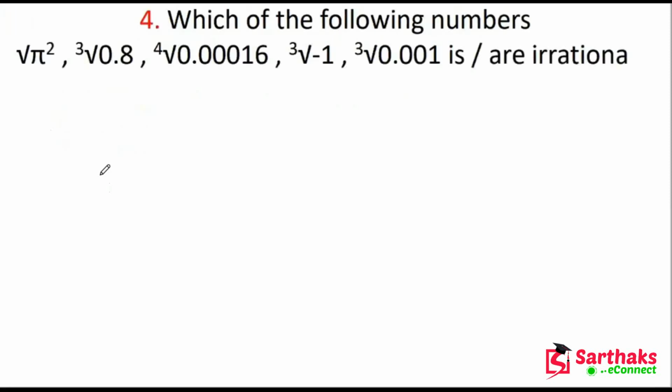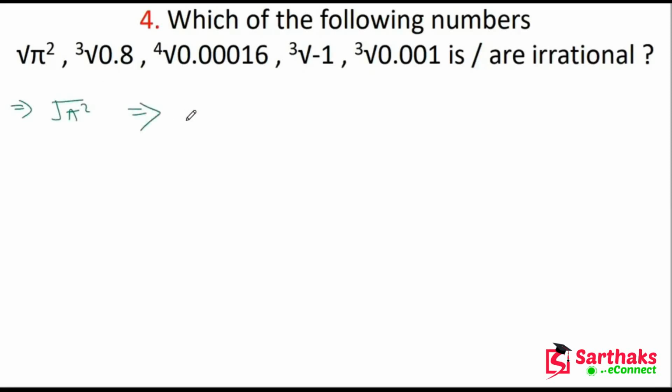Now let's move on. Which of the following numbers are irrational? We have to tell which of these numbers are rational or irrational. The first case is the square root of pi squared.